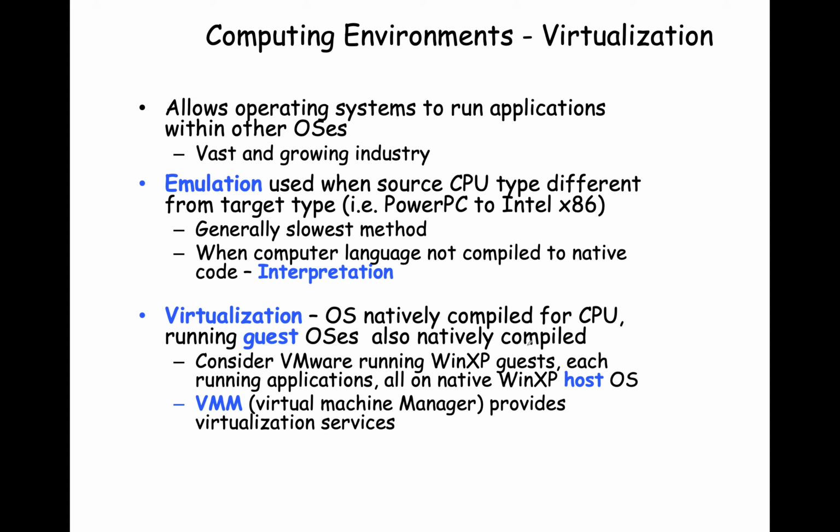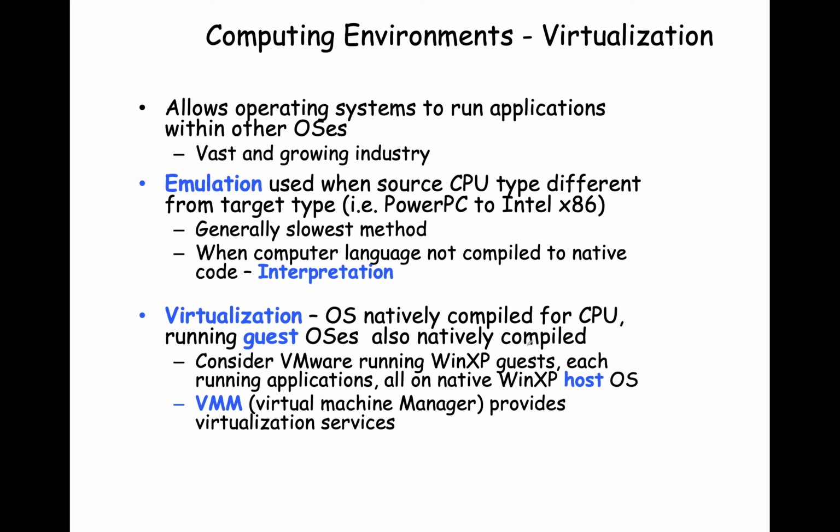One is called emulation. With emulation, there's a direct simulation of the underlying CPU. So emulation is used when you have a source CPU that's different from a target type. So imagine you're running on an Intel processor, and maybe you want to run something on an ARM processor, advanced RISC machines.